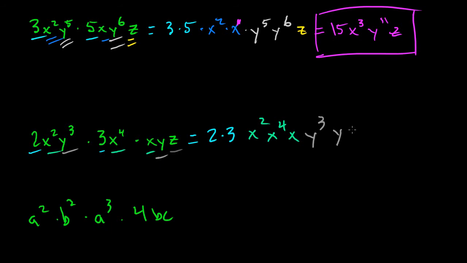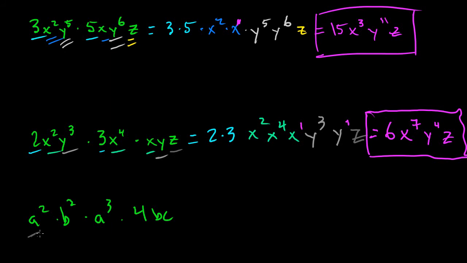And then z by itself. 2 times 3 then is 6. X squared times x to the fourth times x, remember that's x to the first, gives us x to the 2 plus 4 plus 1, which is 7. Y to the third times y, remember this is y to the first, gives us y to the fourth times z.